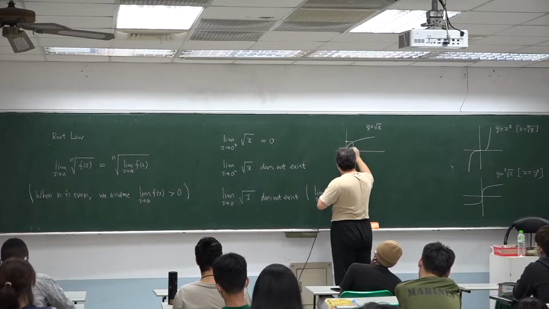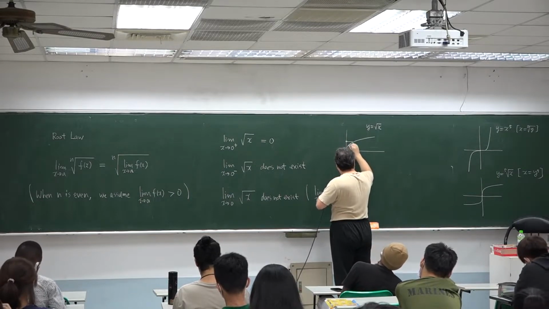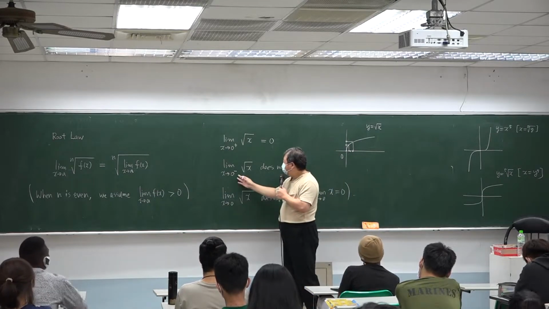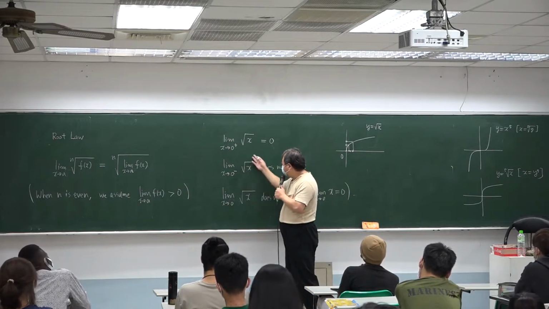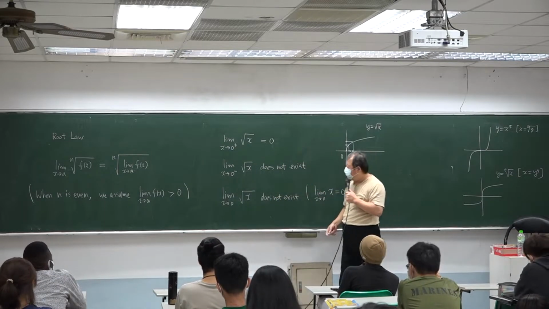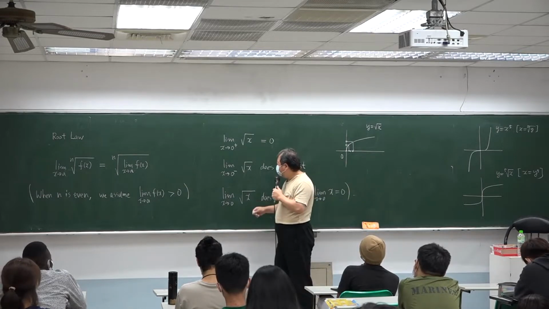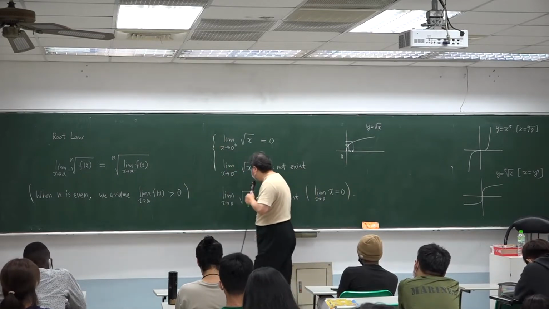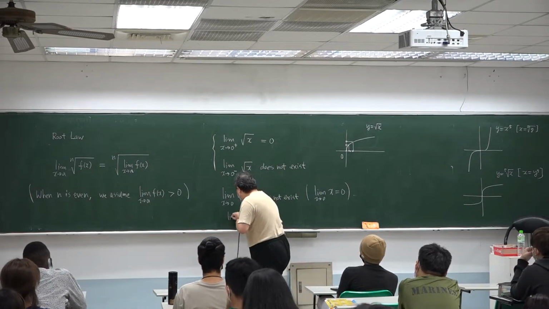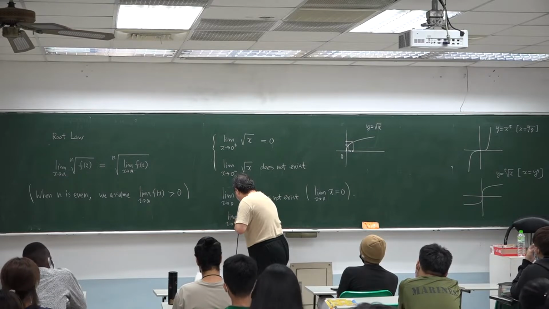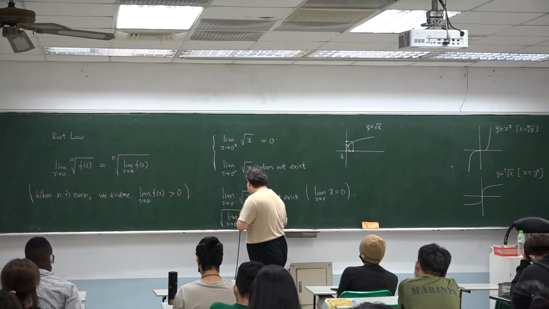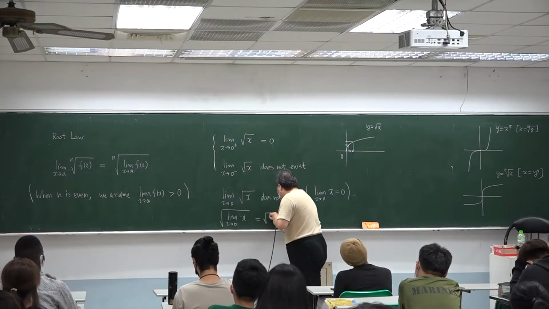Okay. Correct. And this one, because it is undefined, so this limit does not exist. Therefore, this limit also does not exist. So you cannot put this limit into it. Does not exist, but this is 0.